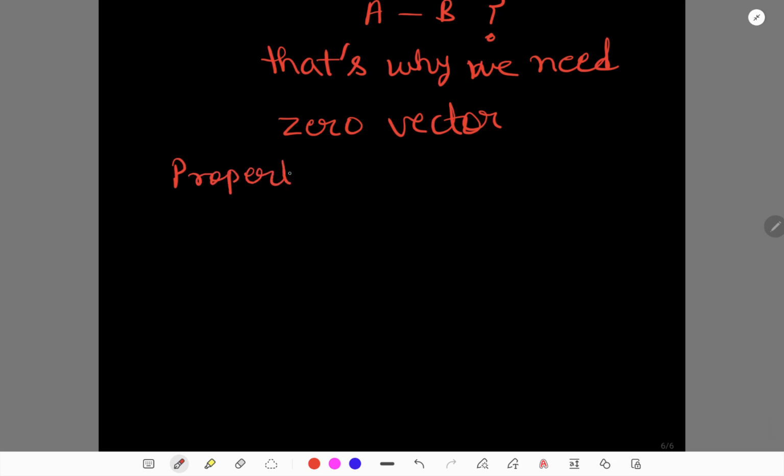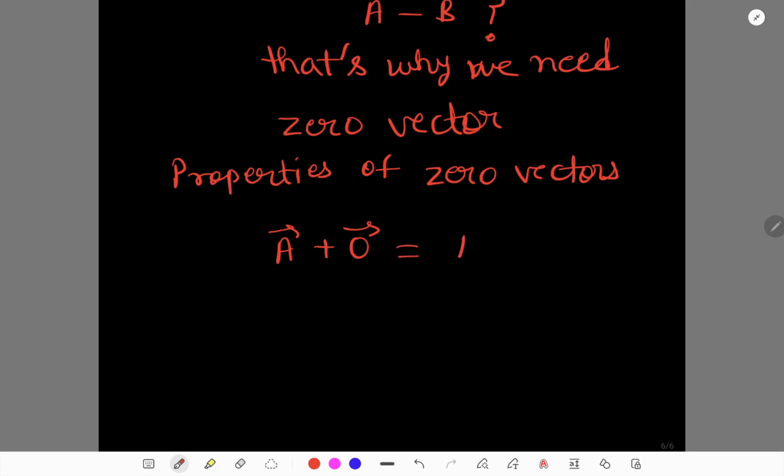Properties of zero vectors. When we add a vector A with the zero vector, we get vector A. It means if we add any vector with the zero vector, we get the same vector which I had taken.